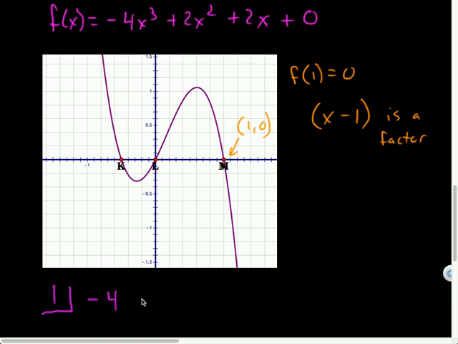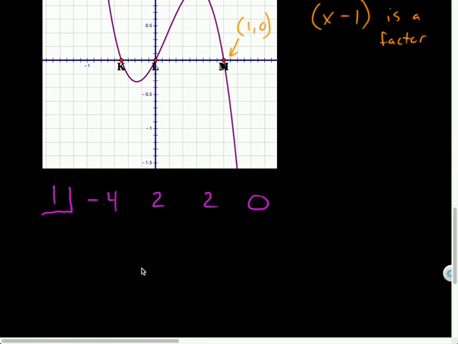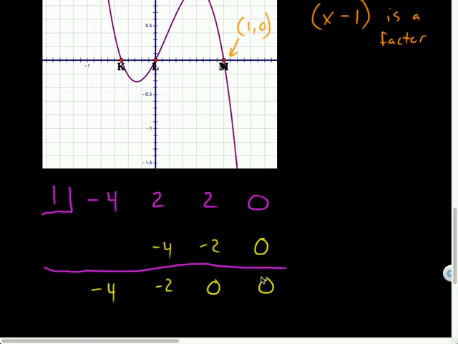I've got -4, 2, 2, and then 0. I've got the placeholder for the constant term. So let's bring down the -4. We'll multiply, add, multiply, add, multiply, and add.